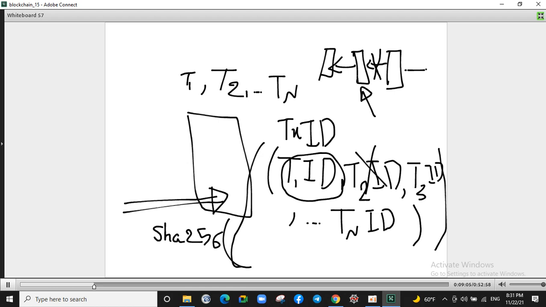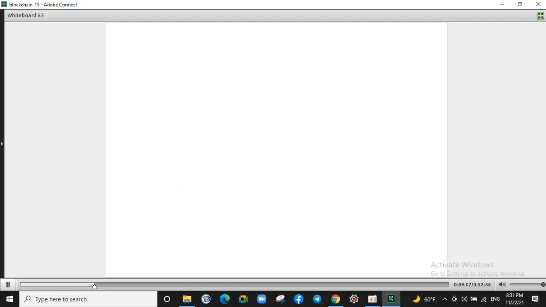To do so, instead of simply hashing them, we hash them using a data structure which is called Merkle tree. It's something like a binary search tree, but containing hash values.